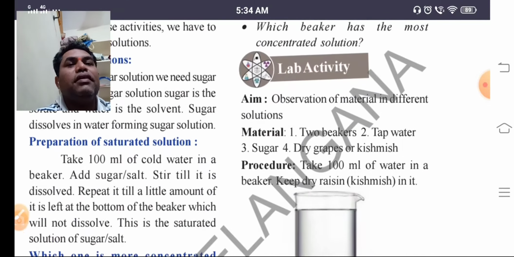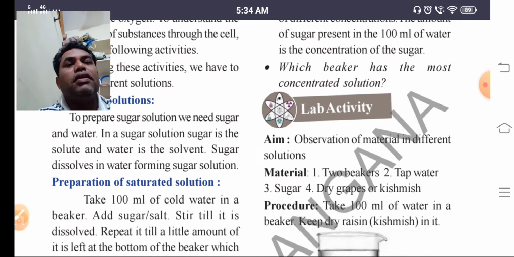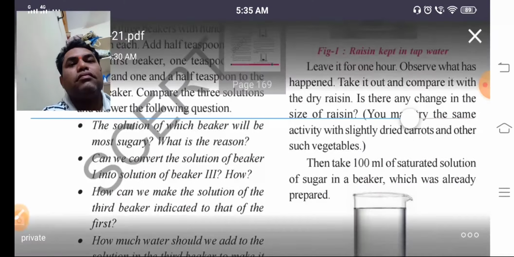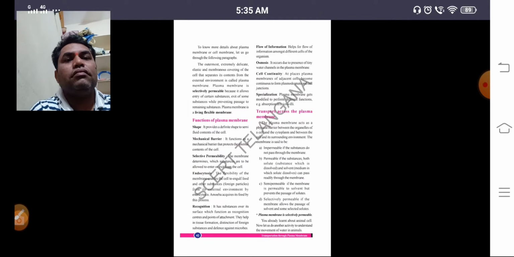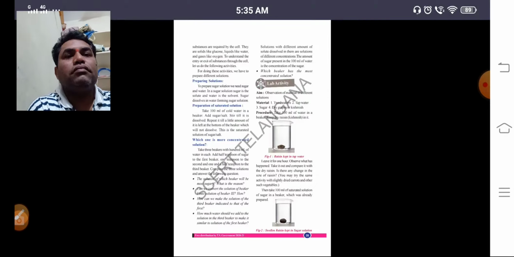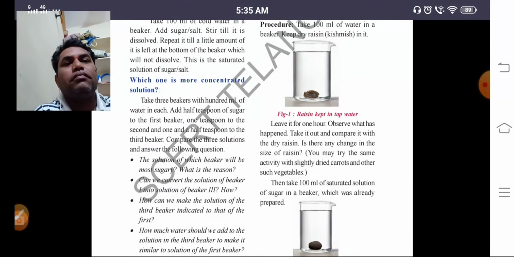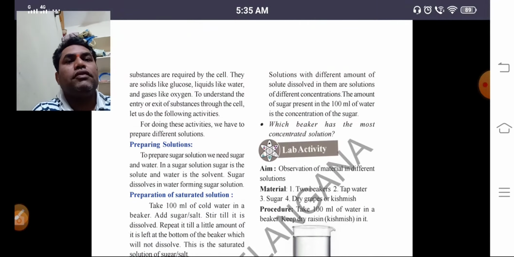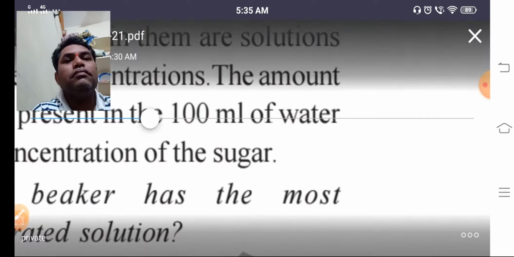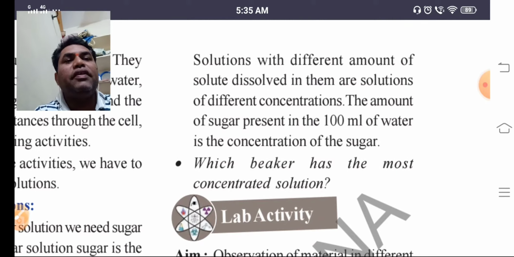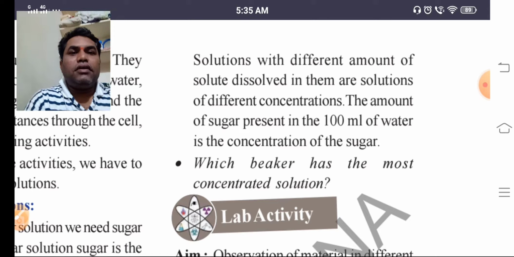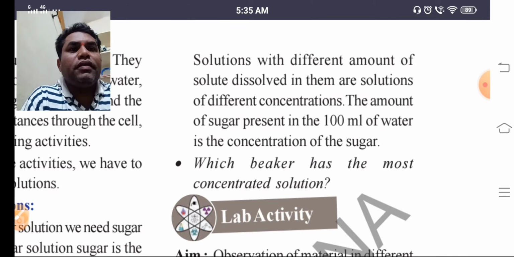Solutions with different amounts of solute dissolved in them are solutions of different concentration.